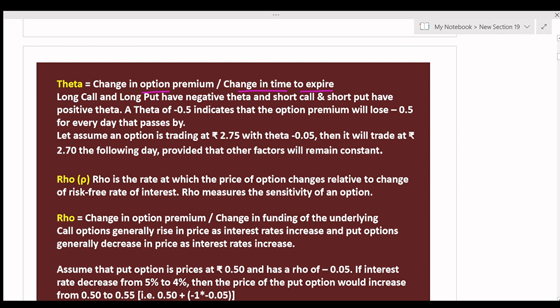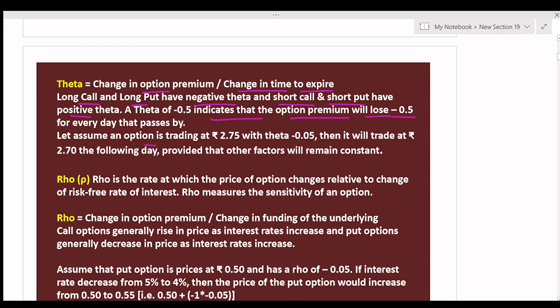Long call and long put have negative theta, and short call and short put have positive theta. But with respect to time to expiration, long call and long put are positive and short call and short put are negative. A theta of minus 0.05 indicates that the option premium will lose 0.05 for every day that passes by.